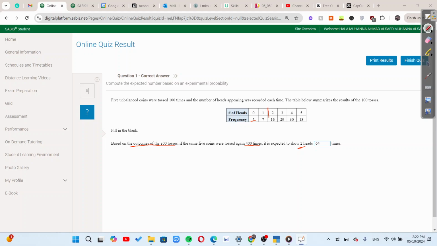From 100 tosses you got 16, so from 400 how many will you get? What you could do here is cross multiply. 400 times 16 divided by 100, do this on your calculator, you're going to get 64. So that's how you solve this question.